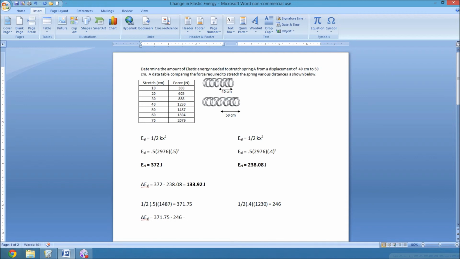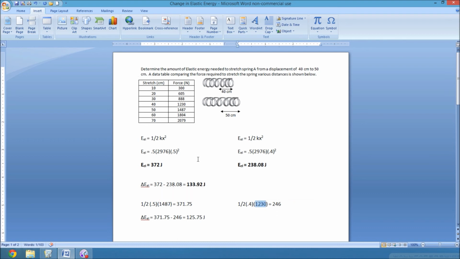So 371.75 minus 246 gives me 125.75, which is close. It's a little off. So probably should have not used the data table to get these numbers. I think that's where my error is coming from.